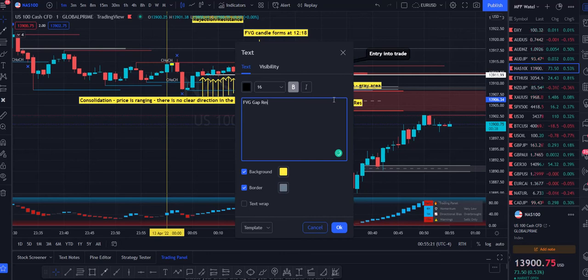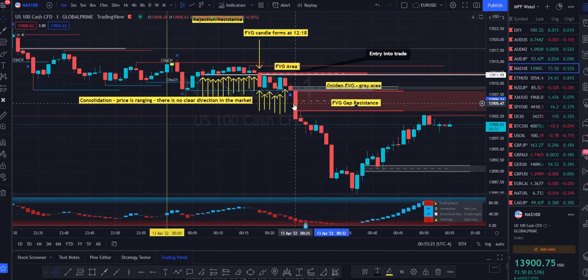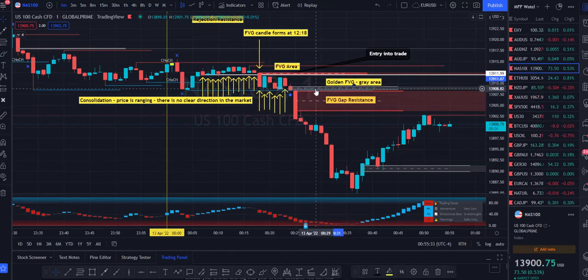And this is another form of resistance. So when this candle entered this area, when this candle closed right here, I knew that this was going to be a good area for me to sell. One, I have this small little area here, and then this formed.